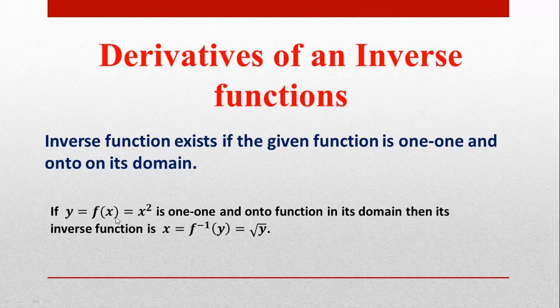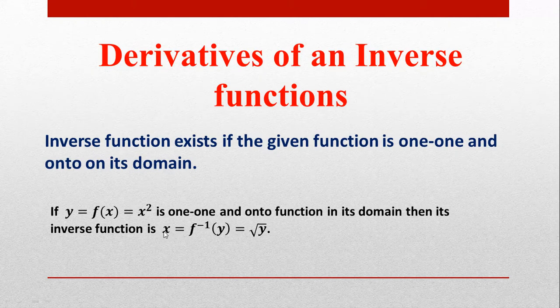How will you write it? If y is equal to x square, meaning y is equal to f of x is equal to x square, then x means the inverse function. See here, x is equal to f inverse y. If you compare this properly, if it is y is equal to x square, then what is x? x is equal to root y.